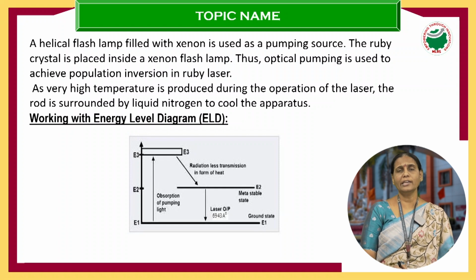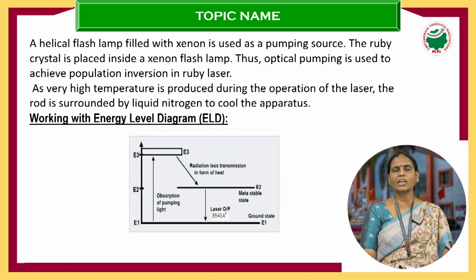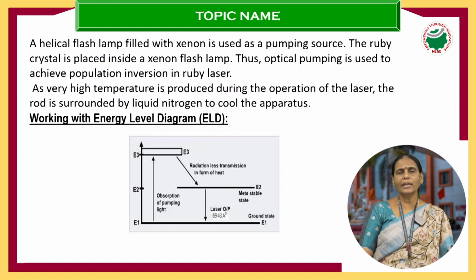One condition we apply here is, if 1/3 of the population of chromium ions is pumped to the higher energy state, then only we can observe population inversion in the metastable state. That is, more chromium ions accumulate in the M state compared to the ground state. That process we call population inversion. Then once the lifetime is completed in the M state, they de-excite to the lower energy state, that is the ground state.